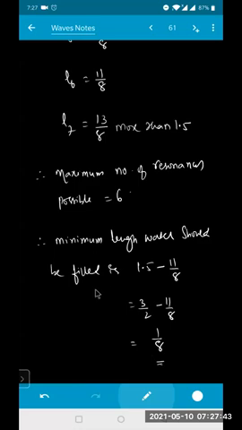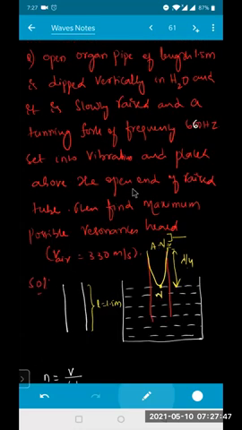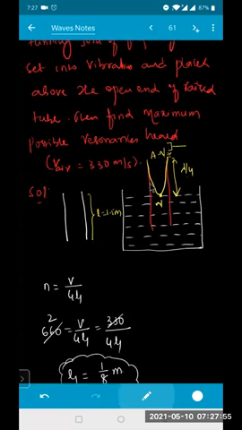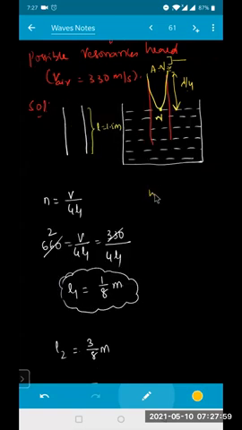Yes, sir. Did you understand how to calculate the number of resonances? So you got an idea now. Whenever an open organ pipe is immersed in water, it will get converted into a closed organ pipe. So make sure of that.